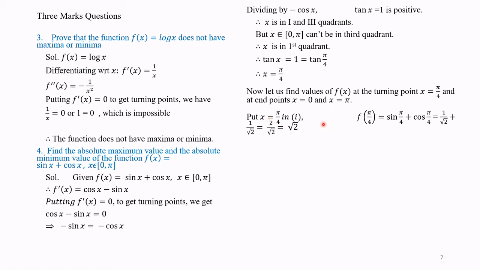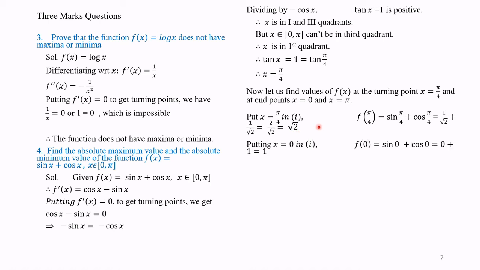We get f(pi by 4) = sin of pi by 4 plus cos of pi by 4. We know sin 45 is 1 by root 2, so 1 by root 2 plus 1 by root 2 becomes 2 by root 2, and root 2 gets cancelled, giving f(pi by 4) = root 2.